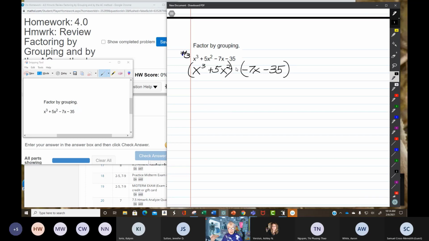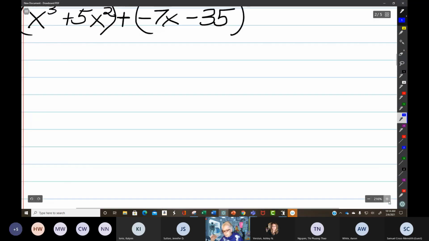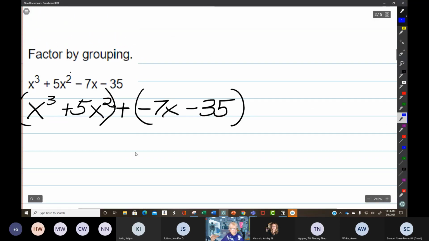We have to have a plus sign here. That's the invisible plus sign. Let me make this bigger. That's the invisible plus sign that goes in front of the minus or negative 7. So I haven't put anything in there that wasn't already there.